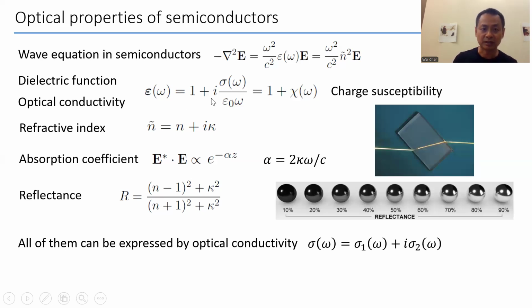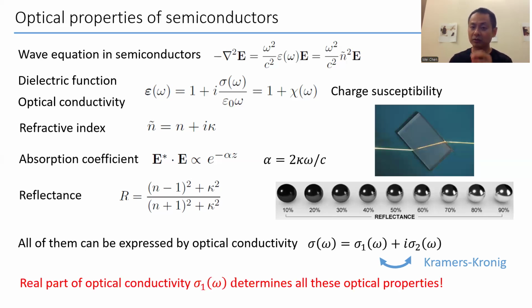Moreover, the real and imaginary parts of the optical conductivity are not independent from each other, but are related by the so-called Kramers-Kronig relation. So you really only need the real part of the optical conductivity to determine all these optical properties of semiconductors.